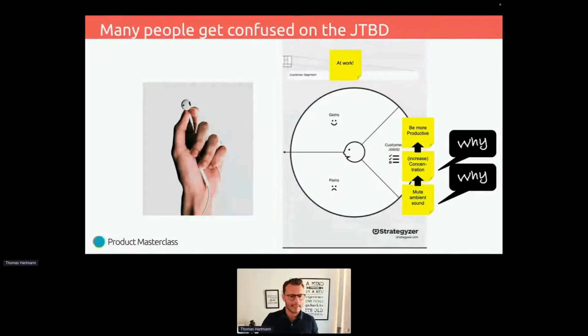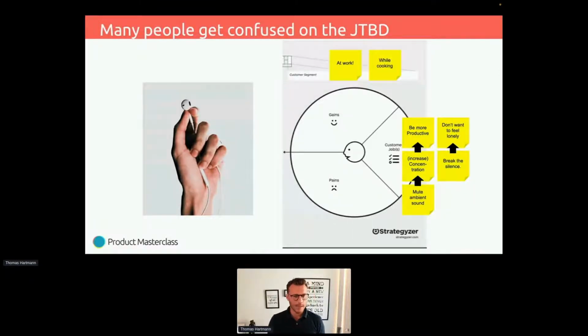And people said, yes, I want to have silence, but I actually want to mute my ambient sound. And I said, okay, why do you want to mute your ambient sound? And people said, to increase concentration. Why do you want to increase concentration? To be more productive, right?